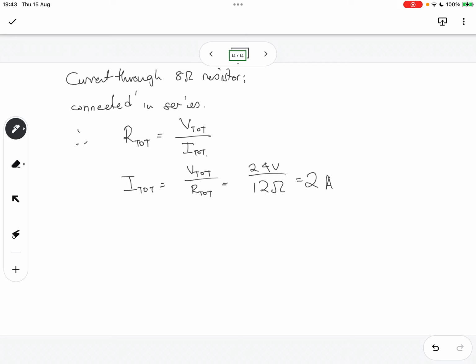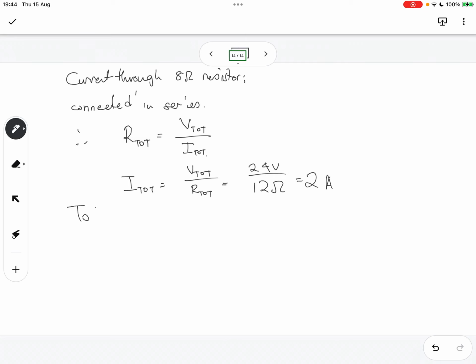And then lastly, we must find the charge that flows past a cross section of the 8 ohm resistor in 1 minute, or 60 seconds.